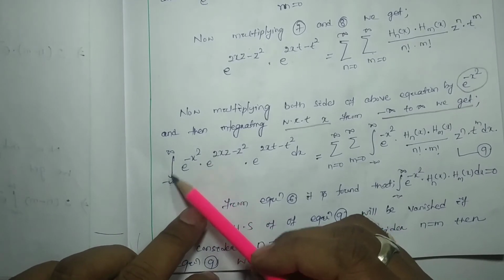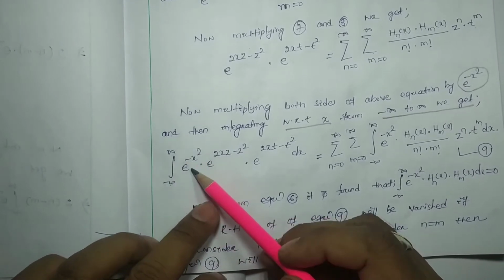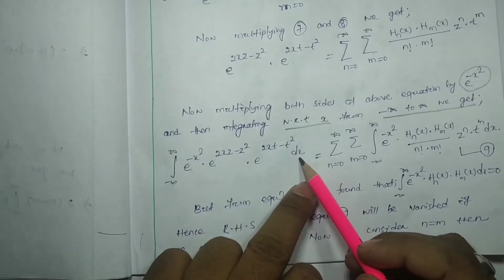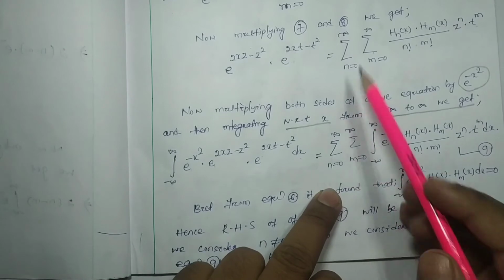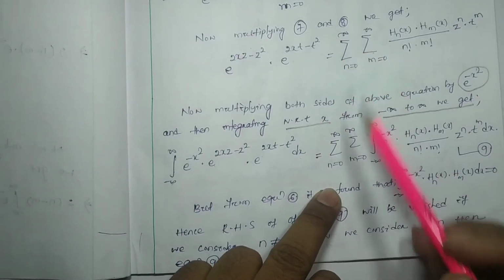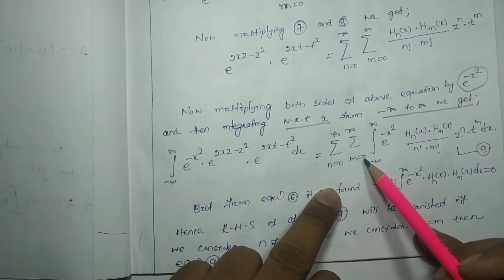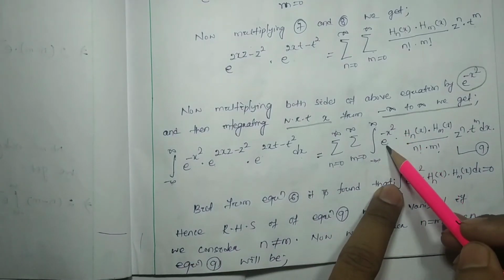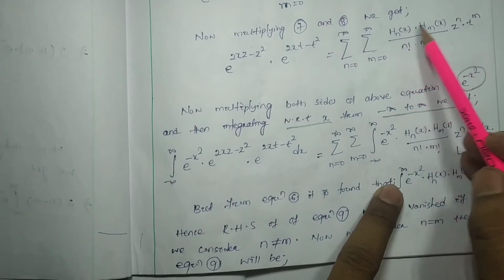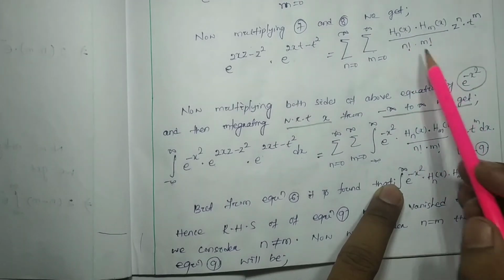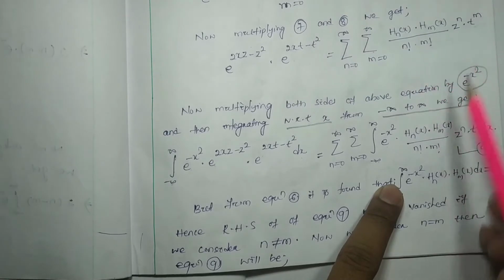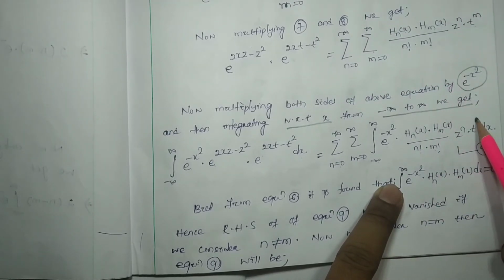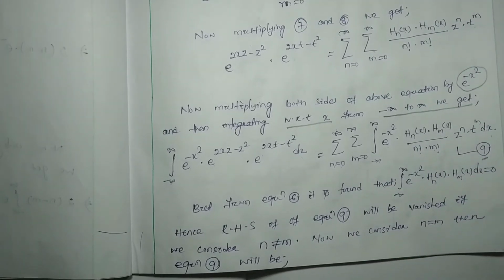Then it will be integration over minus infinity to plus infinity of e to the power minus x square and these two terms into dx, is equal to summation over n equal to 0 to infinity, m equal to 0 to infinity, with the integration from minus infinity to plus infinity of e to the power minus x square Hn(x) into Hm(x) divided by n factorial into m factorial into z to the power n t to the power m dx. Let this be your equation number 9.